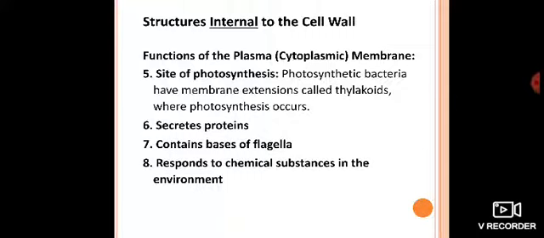So that function is also carried out by your plasma membrane. Then it responds to the chemical substances in the environment. Different types of chemical components surround the bacteria, and the membrane gives a response to that environment. So these are the functions carried out by your cytoplasm.